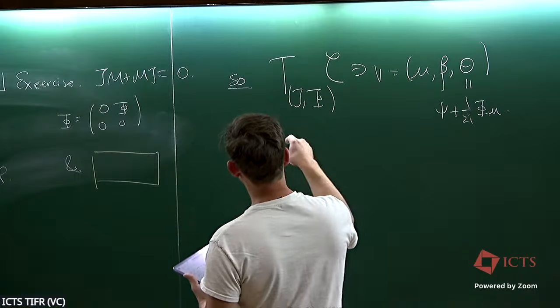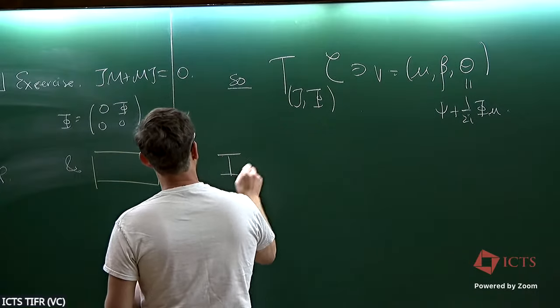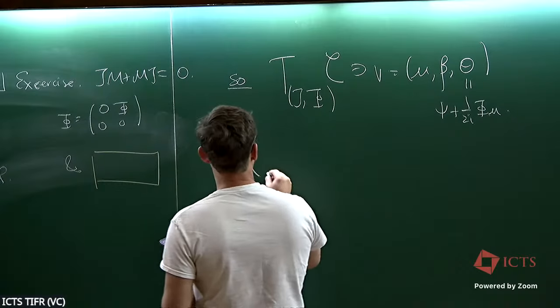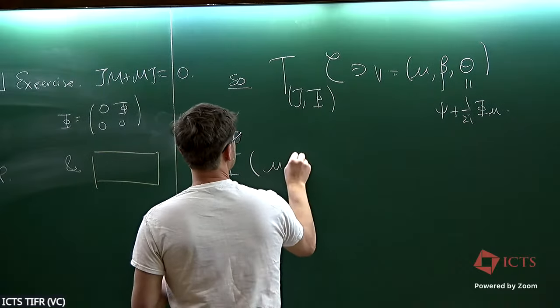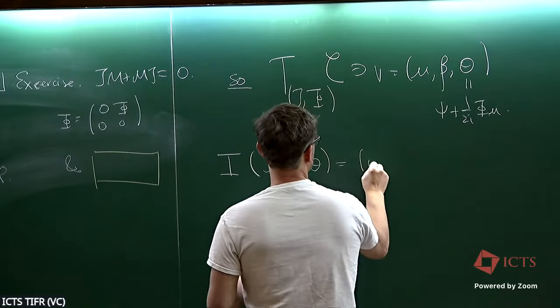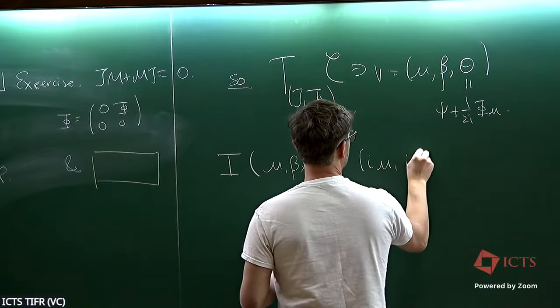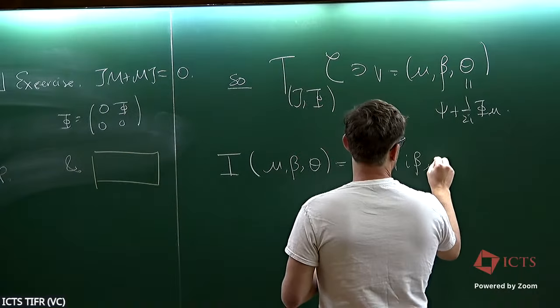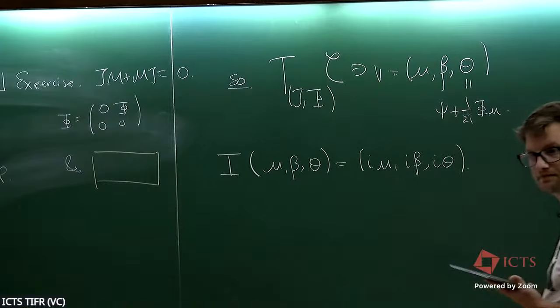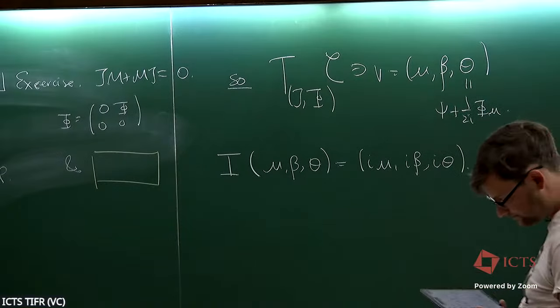And in this formulation, the complex structure applied to such a vector is just multiplying all the factors by i. Okay, good.